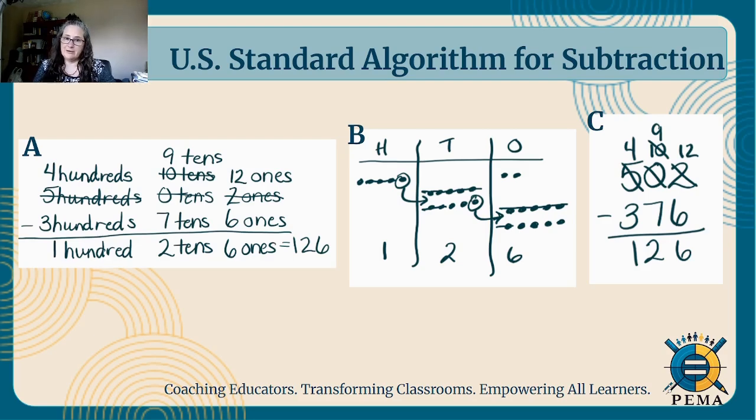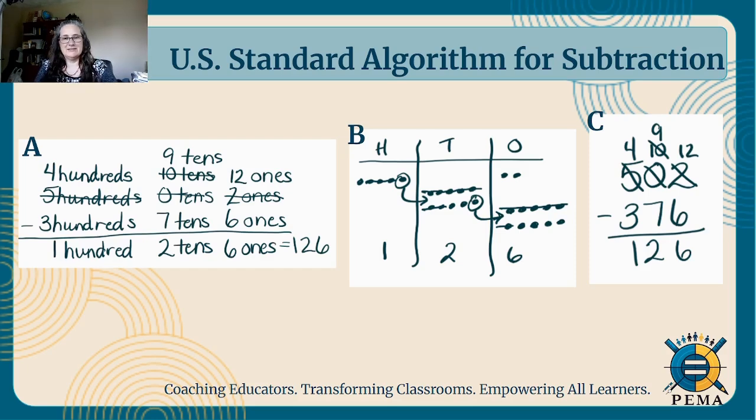Or it's probably not going to work because they made a mistake. So again, pause the video here and think about the different representations and how all 3 representations show the same steps in the same order, even though the representation showing the thinking is different. Go ahead and hit play when you're ready.